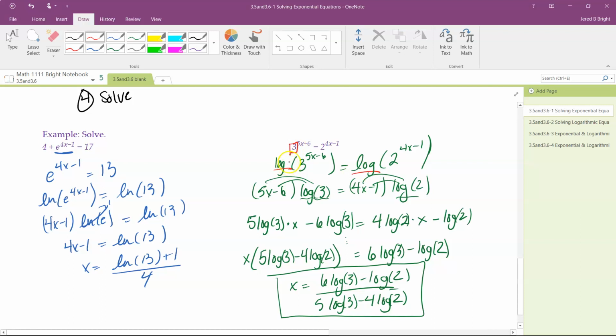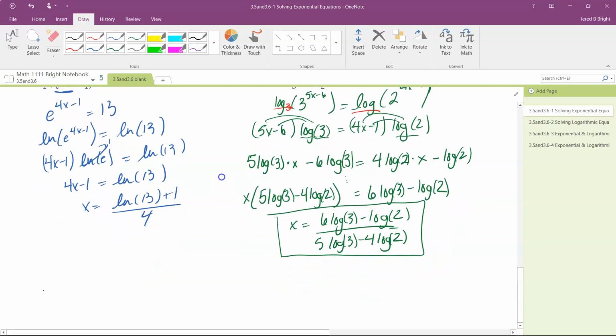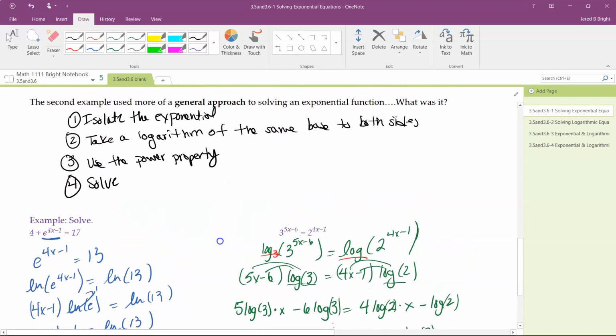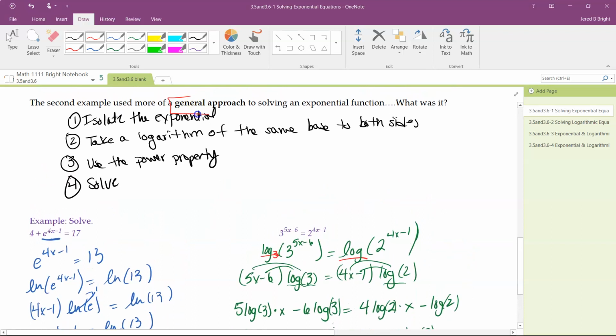So instead of log base 10, use maybe log base 3, and then those end up canceling, so you have a little less to work with, but you don't have to. It would just make your life easier. So this first video is a little bit longer, but it introduces the general approach to solving exponential equations: isolate the exponential, log both sides, apply the power property, and then solve as needed.